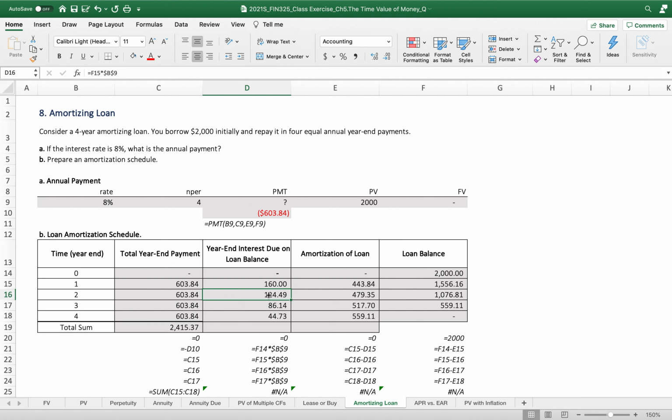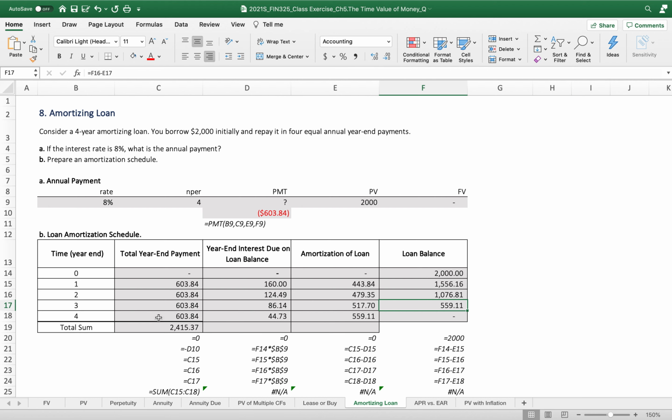So this interest subtracted from this 603 gives the amortized loan, the part of this 603 other than this 124 in interest. So the remaining ending balance is calculated: the previous ending balance minus the actual principal of the loan reduced.